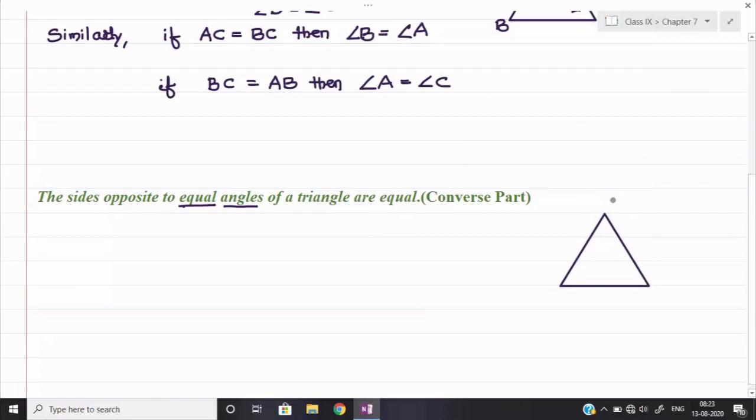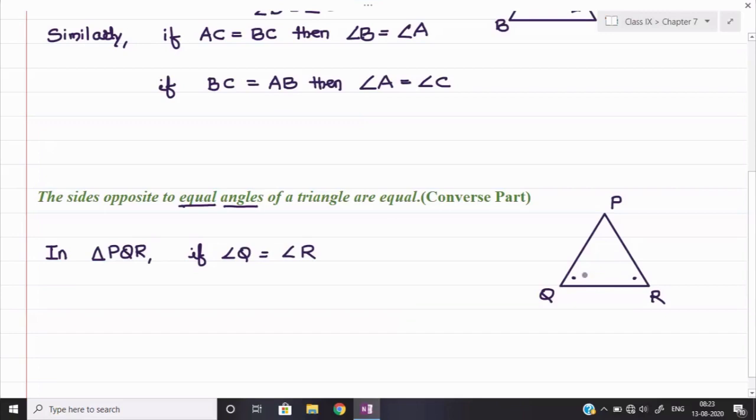Suppose I take the names here as P, Q and then R. Say in triangle PQR, angle Q is equal to angle R. So this is my angle Q and this is my angle R.